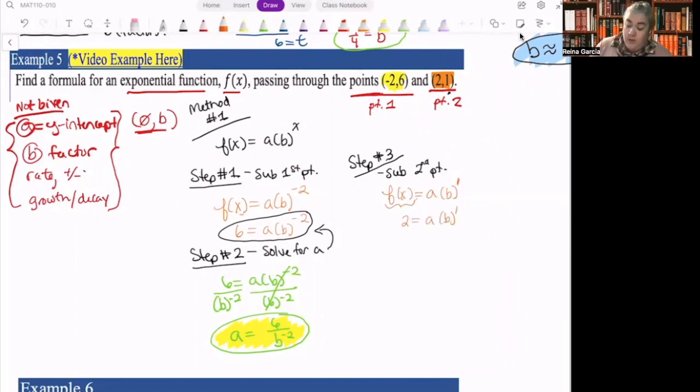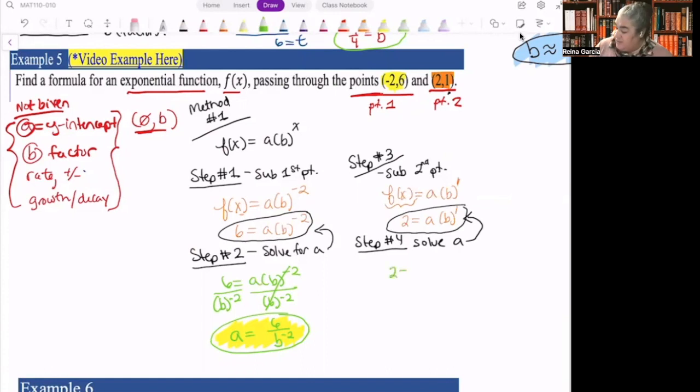Okay? Now we're going to repeat step 2, or we can call it step 4, where we're going to solve for a again. But this time we're solving for a from this equation that we just came up with. So we're going to go ahead and solve for it.